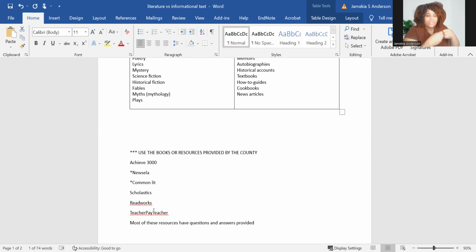And so I would still highly recommend those as resources, because you want to make sure that they're building up reading stamina. That way, the students are getting used to reading more than a paragraph or two, and the way that things are broken down nowadays, the paragraphs look like three sentences, how books are structured.